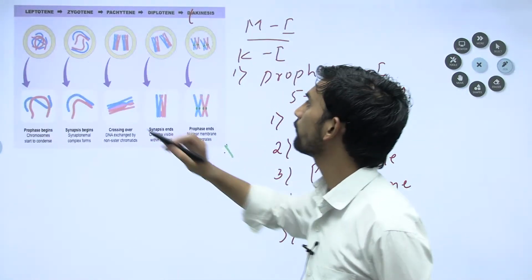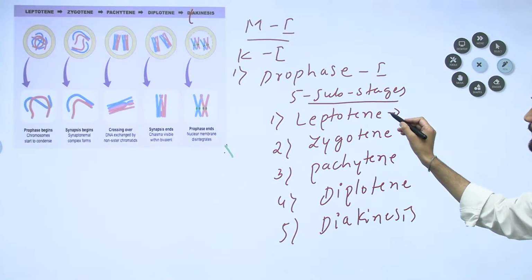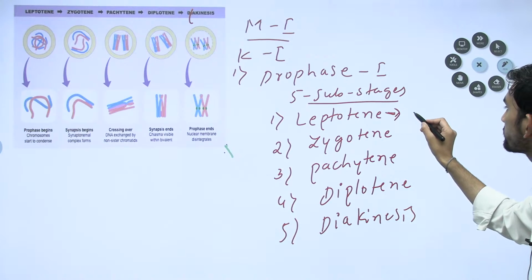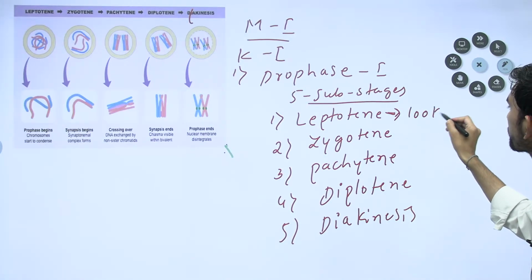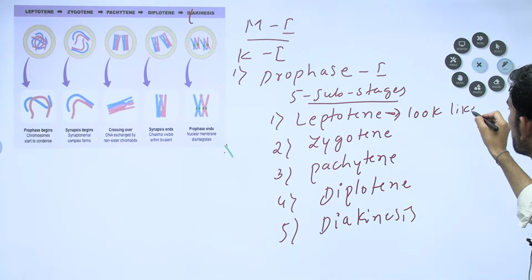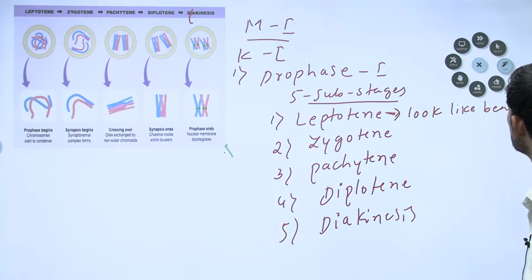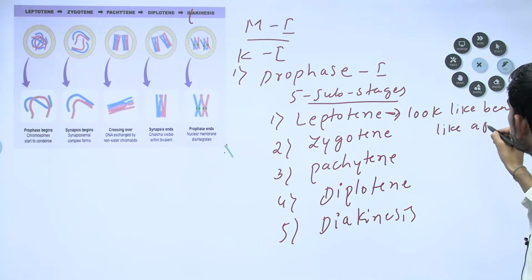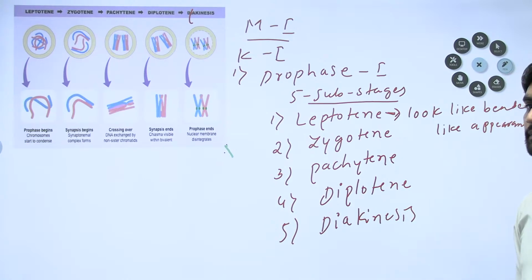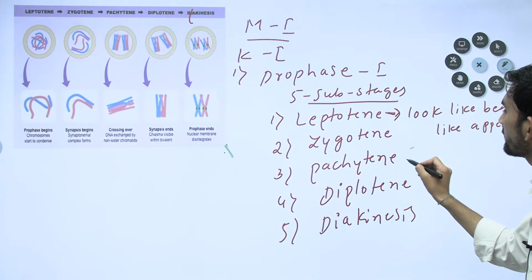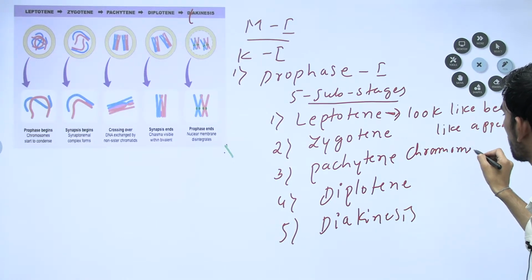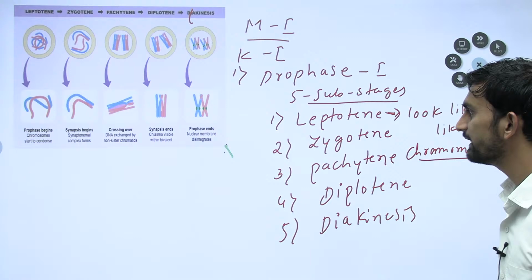Along with that, one important event takes place in leptotene. The chromosomes will have a beaded appearance. Underline this word. This beaded appearance we commonly call chromomere. Underline it.